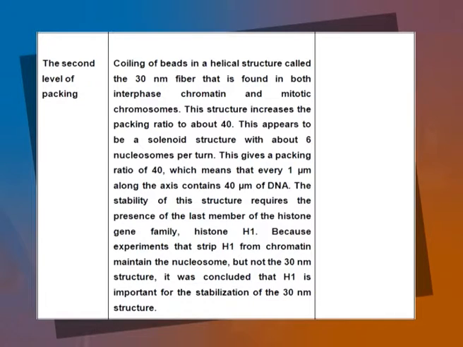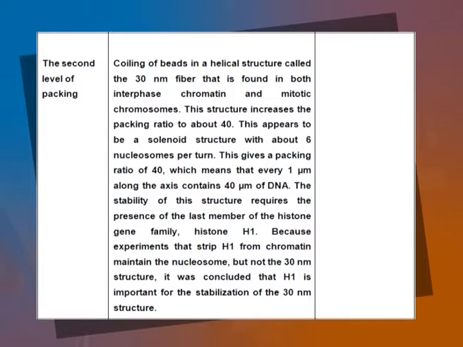This appears to be a solenoid structure with about 6 nucleosomes per turn. This gives a packing ratio of 40, which means that every 1 micrometer along the axis contains 40 micrometer of DNA. The stability of this structure requires the presence of the last member of the histone gene family, histone H1.